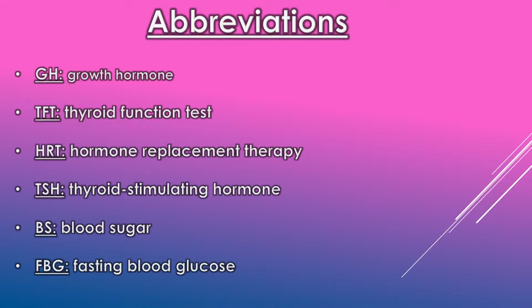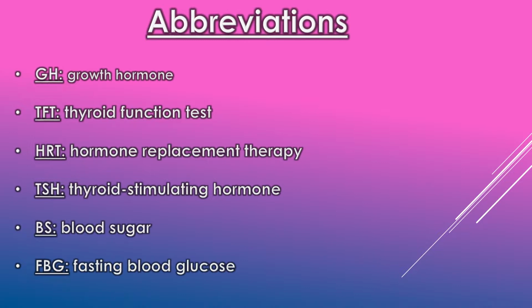Next, we have TFT, which stands for thyroid function test. TFT is also known as the T3 test. Basically, it checks for levels of the hormone triiodothyronine. Sorry, that is really hard to say.